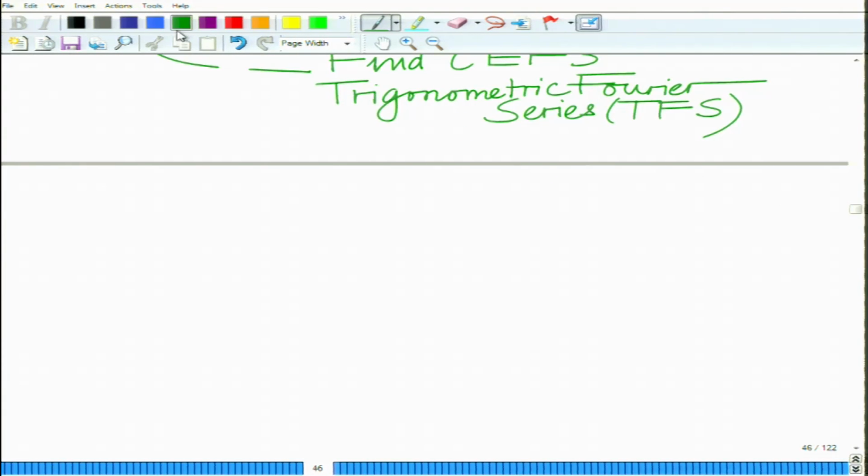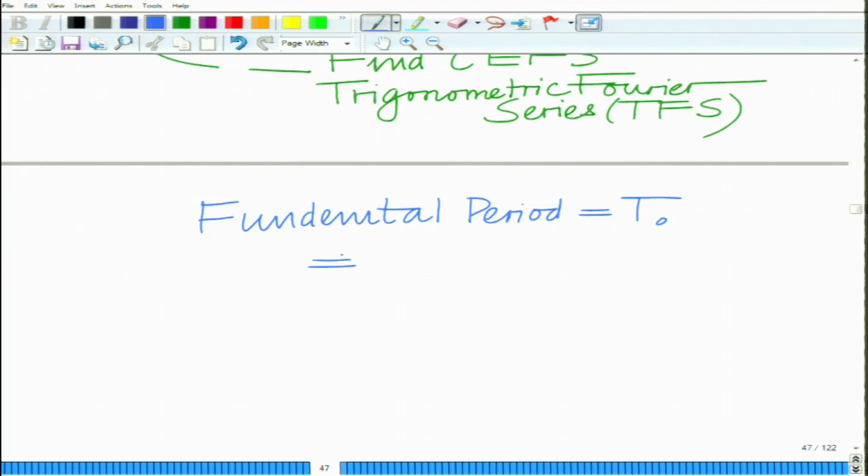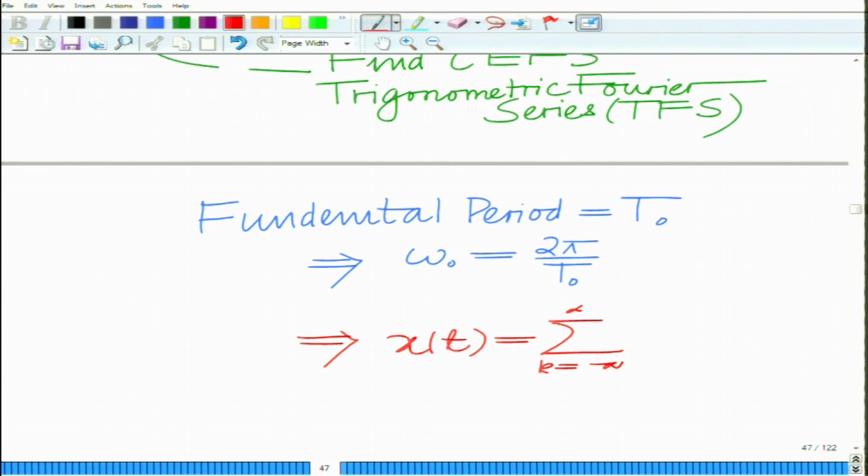And this can be done as follows. Now, first observe that the fundamental period equals T naught, which implies omega naught equals 2 pi over T naught, and this implies that I can write the CFS as x(t) equals summation k equals minus infinity to infinity Ck e raised to j k omega naught t.